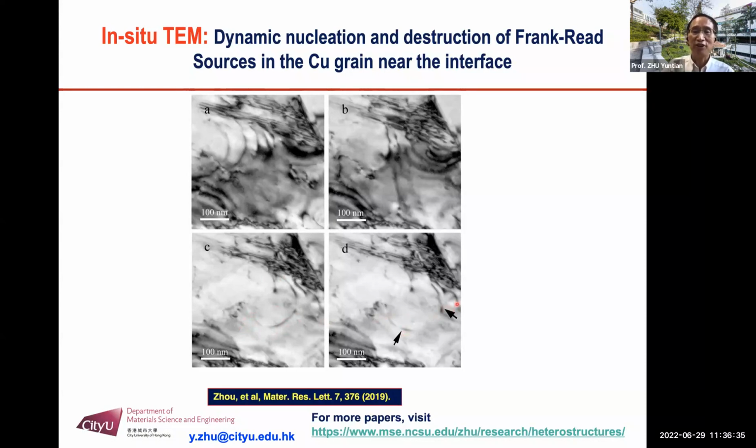So this one disappeared again. So this means what? This means Frank-Read sources in the metal are dynamically generated and dynamically destroyed. Okay, this is what we do not know in the textbook. We did not know earlier. This is a dynamic process.